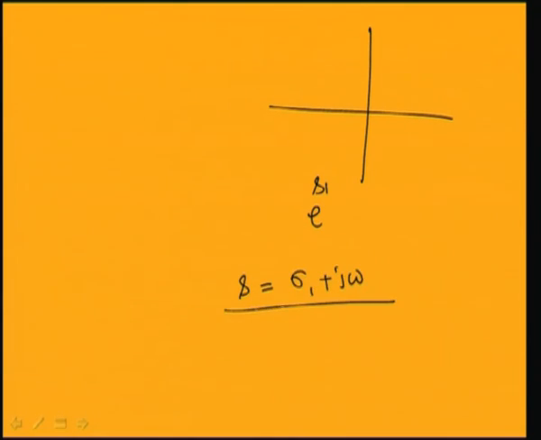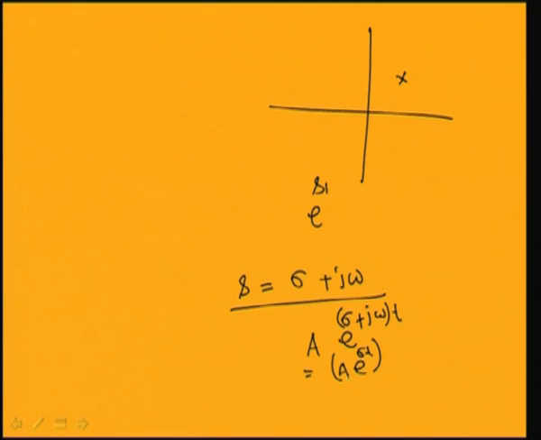As s is a complex number, you can write it in this form, sigma plus j omega. If I have a root here, the solution will be in this form. It will contain a into e to the power (sigma plus j omega) t, which becomes a into e to the power sigma t into e to the power j omega t.